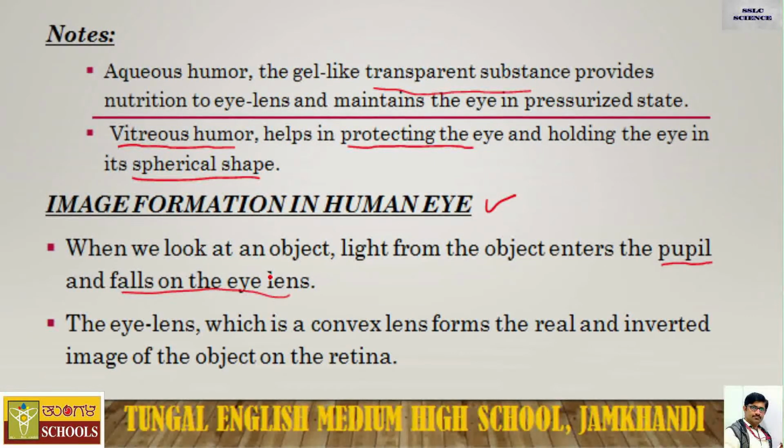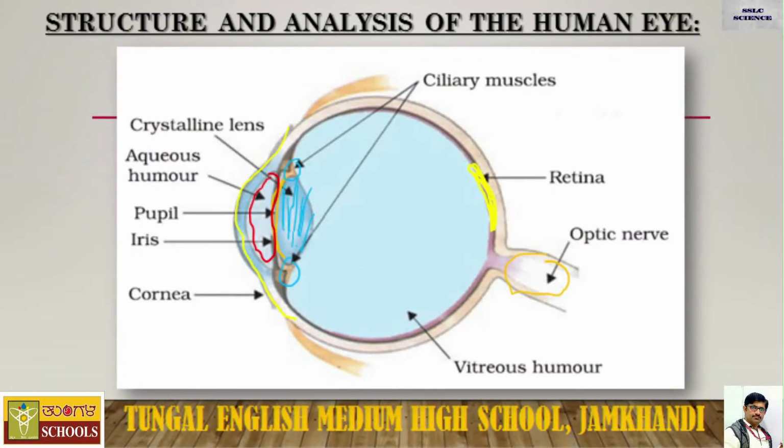The eye lens is nothing but a convex lens, which forms a real and inverted image of the object on the retina. So let's go back to this picture.